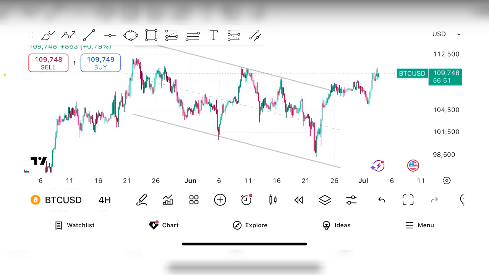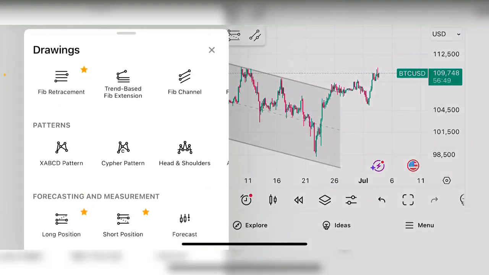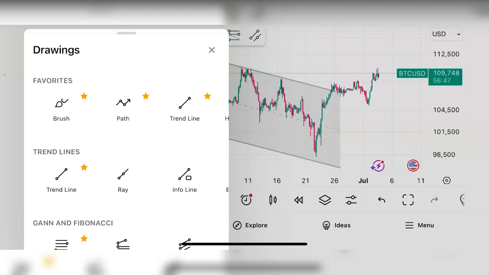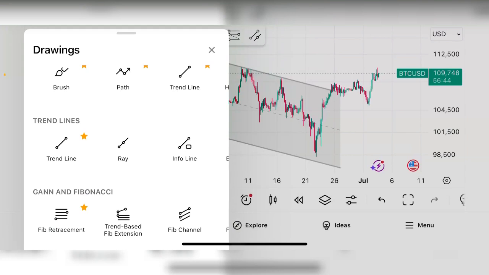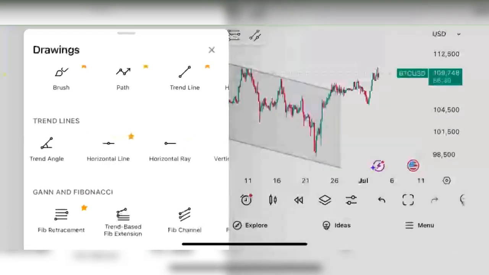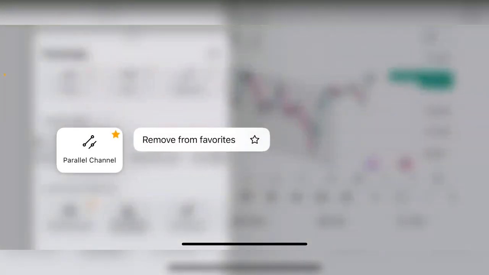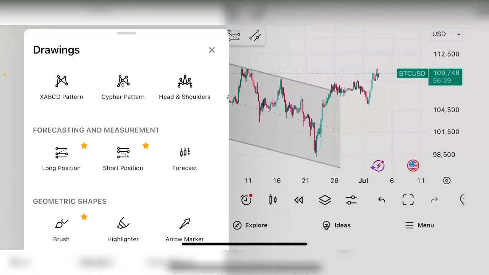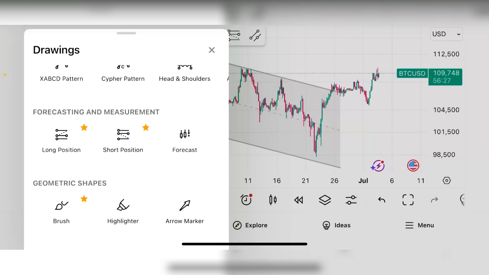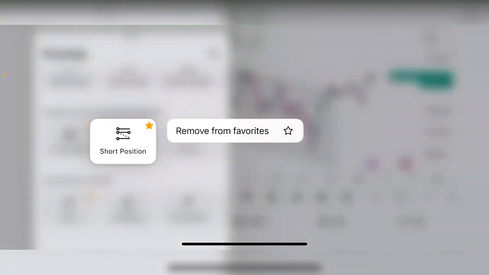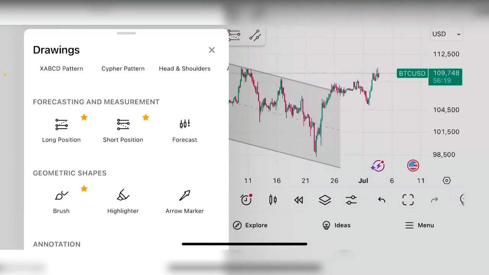Parallel channel. Let me look for it out here. You go to the line, the trend lines. That's where you find the parallel channel. You find the horizontal line on trend lines as well. Forecasting, you will find the long and short position on forecasting and measurement.